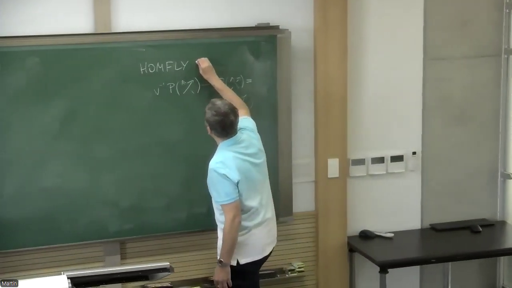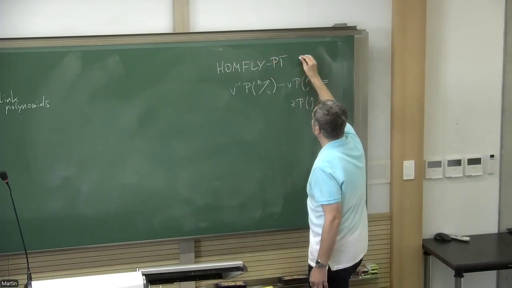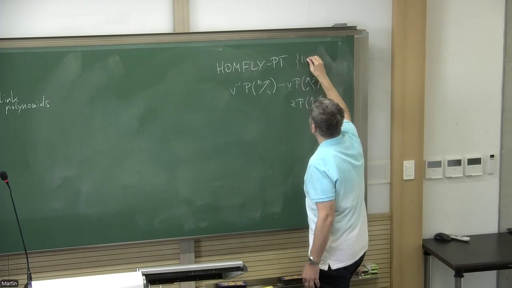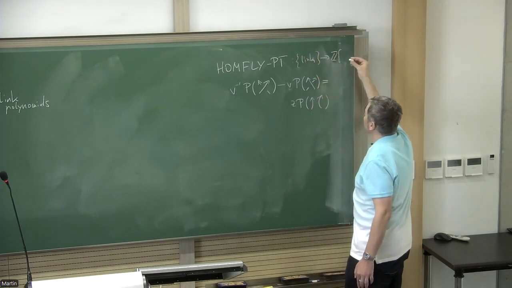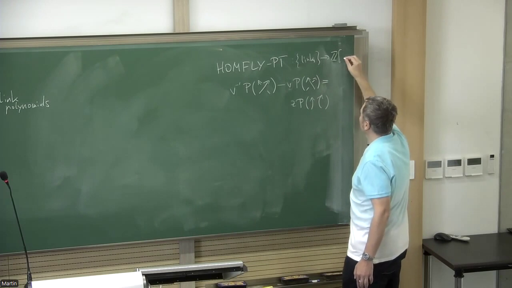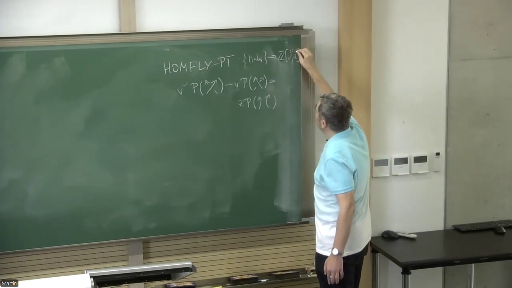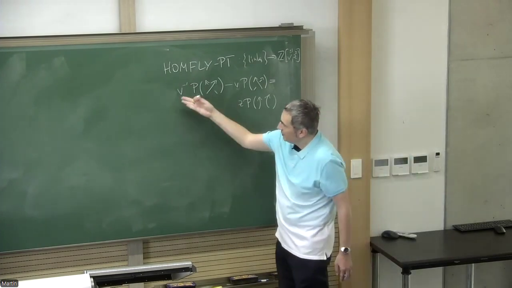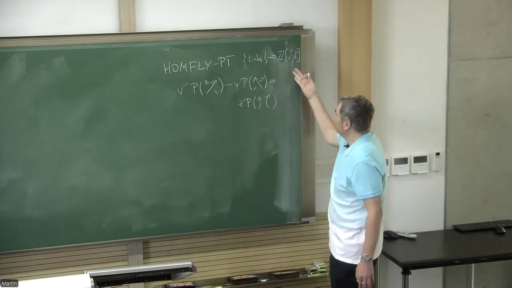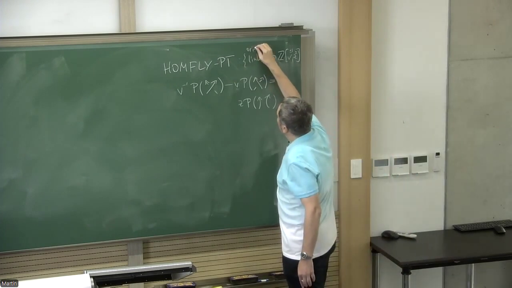This is also called Homefly PT. It is a polynomial that goes from links to a ring of polynomials in variables, let's say v and z, and I emphasize that you can have negative powers on the variables.